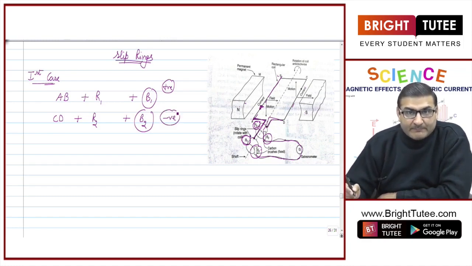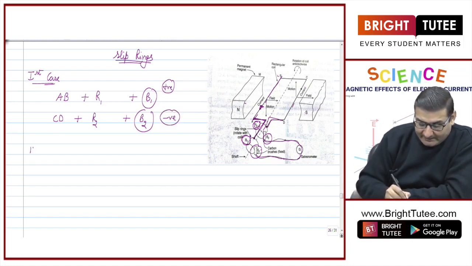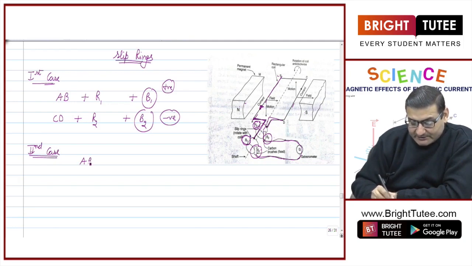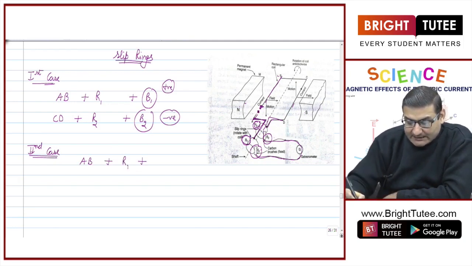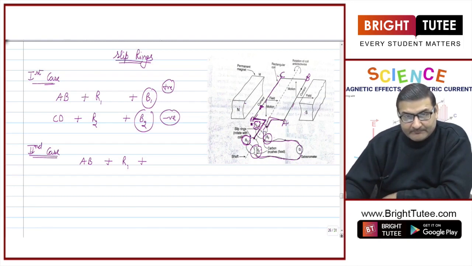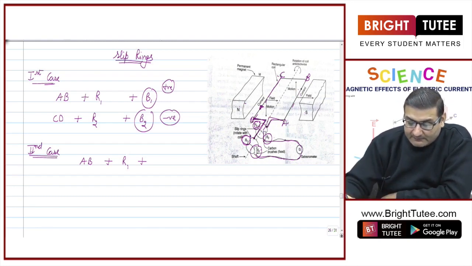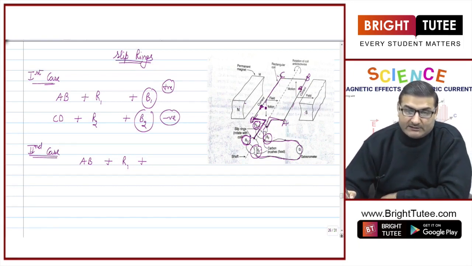But importantly, when one rotation is over, in the second case, AB has gone to the other side. Now this has become AB and this has become CD. Now in AB the current will be going in the upward direction and in CD it will be going in the downward direction.